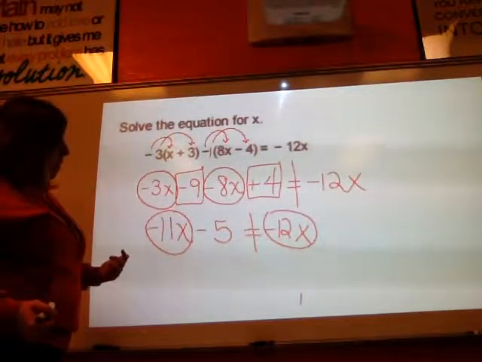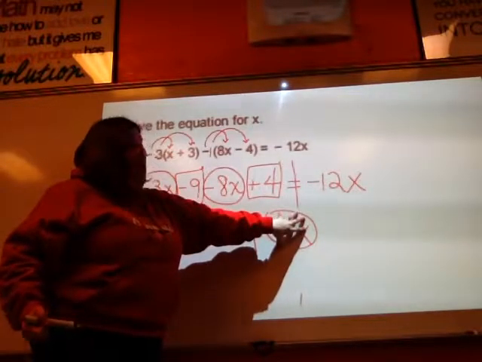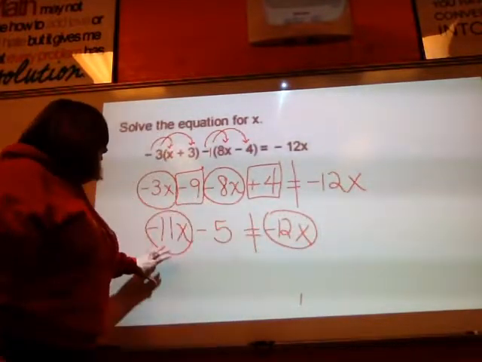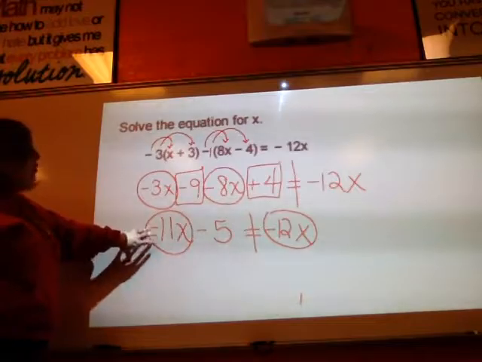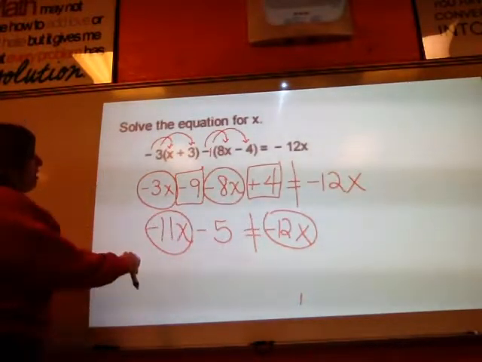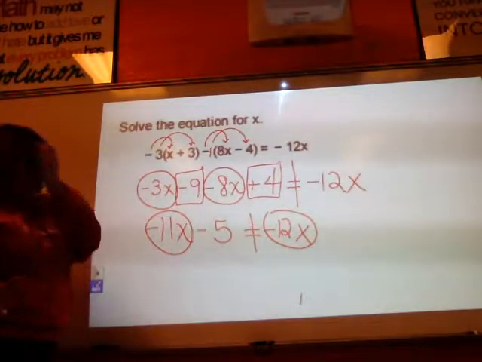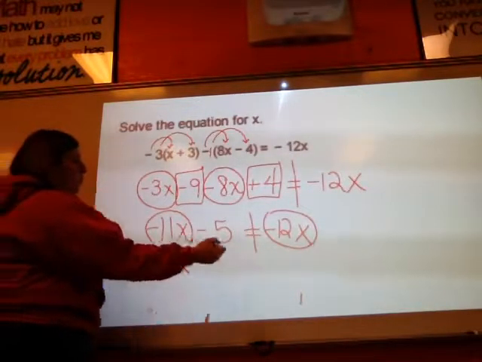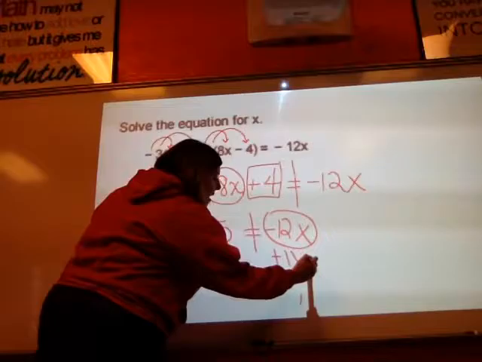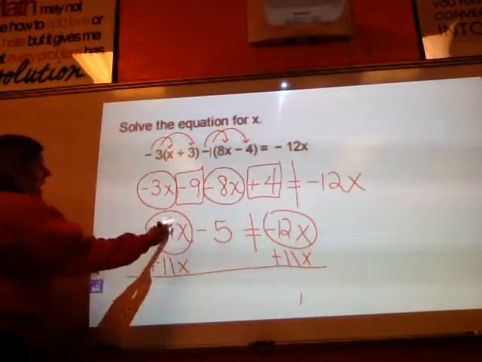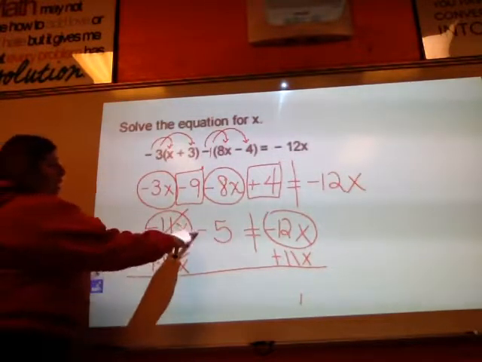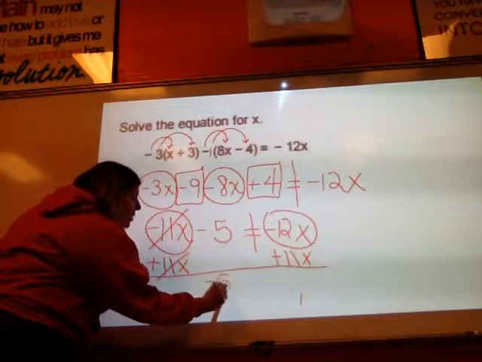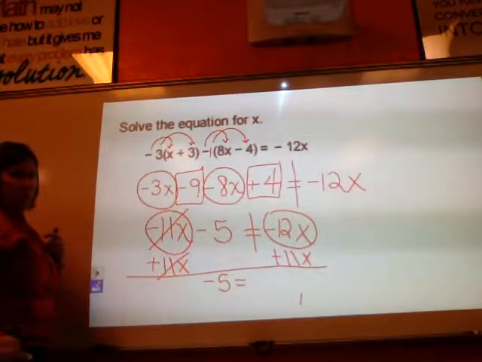Because I want to think smarter, not harder, and this one is already on the side by itself, it makes more sense in my head to move the negative 11x. Using inverse operations, I'm going to add 11x to this side, which means I have to add 11x to this side. Those are going to cancel one another out, and I'm left with a negative 5. Don't forget your negative.